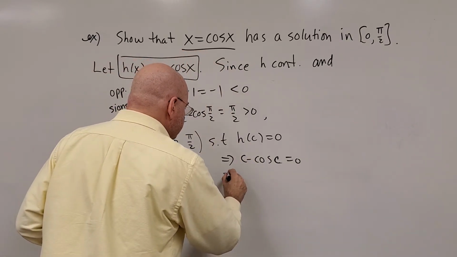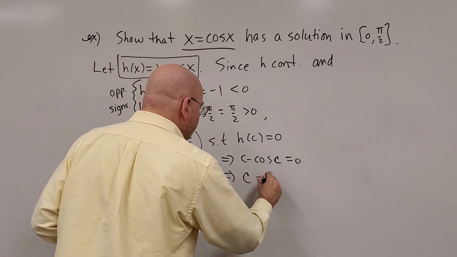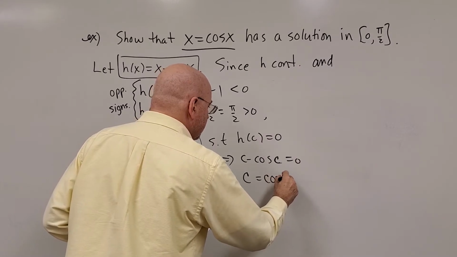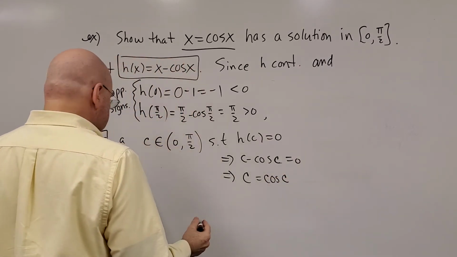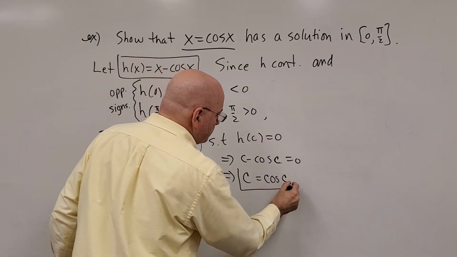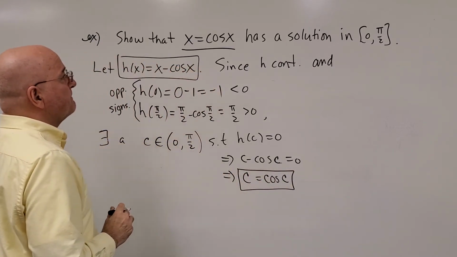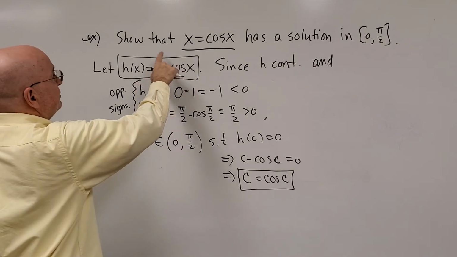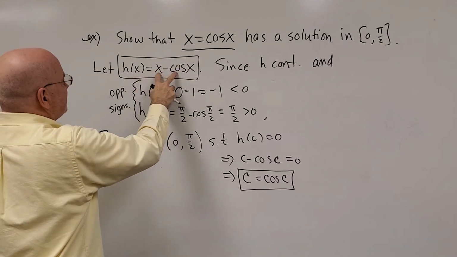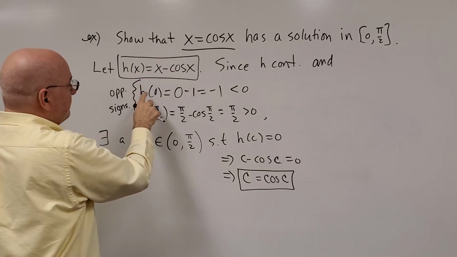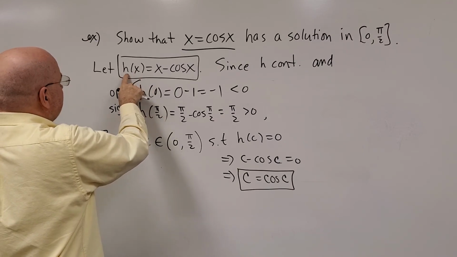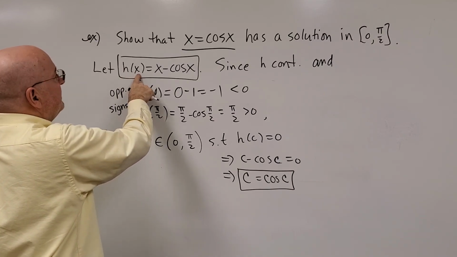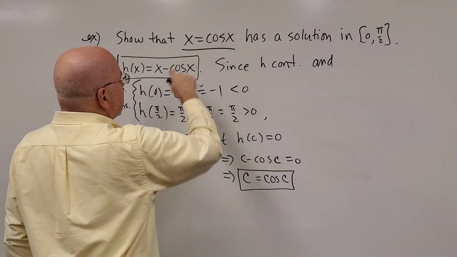Well, that implies that c is equal to cosine of c. And we're done. So a solution to this equals 0 at x equals c, h of c is equal to 0, and that means that c is equal to cosine of c.